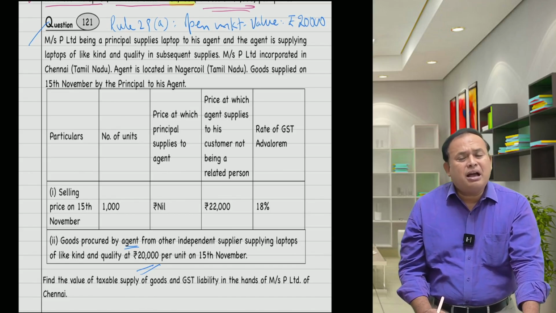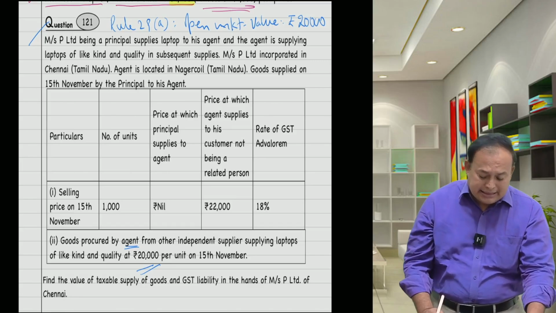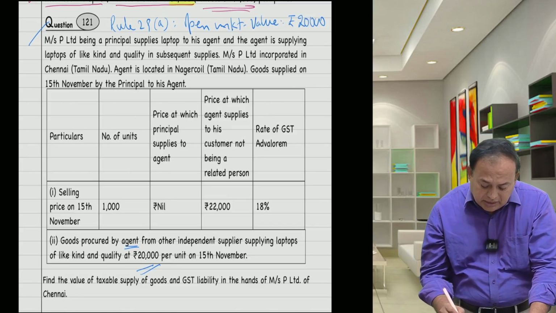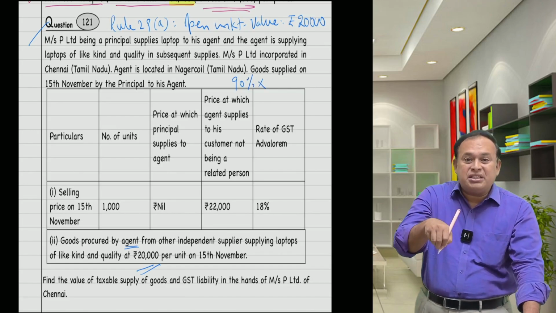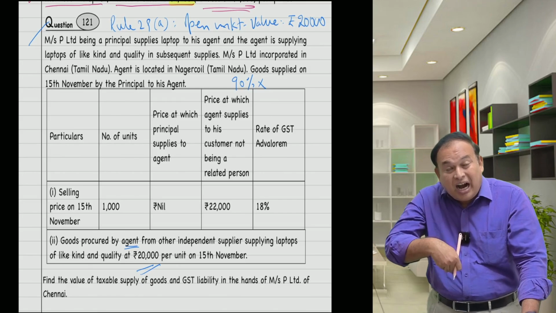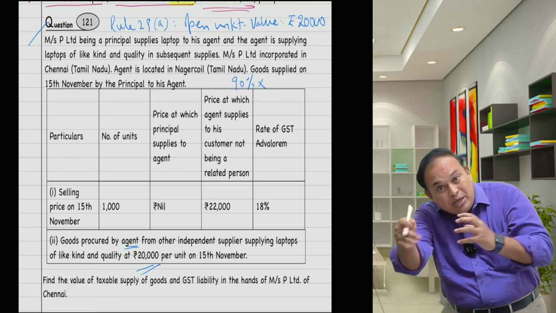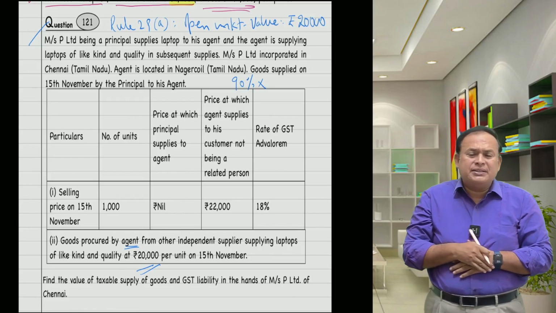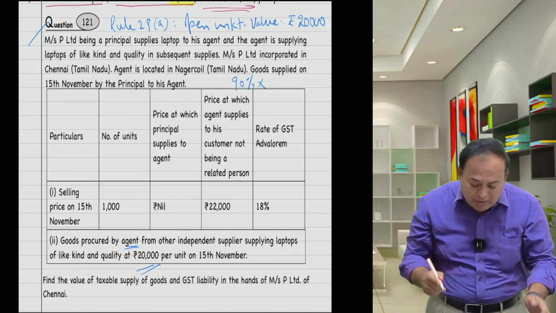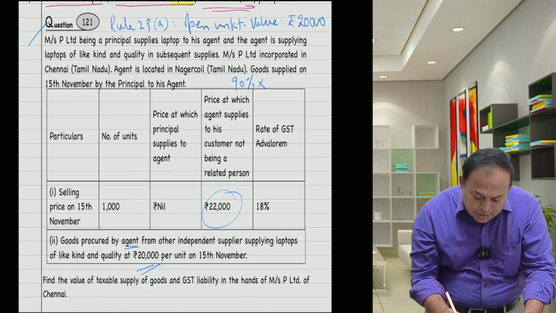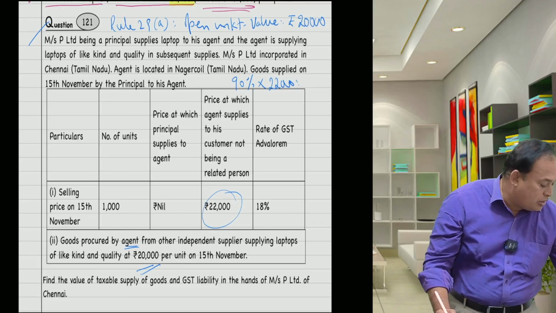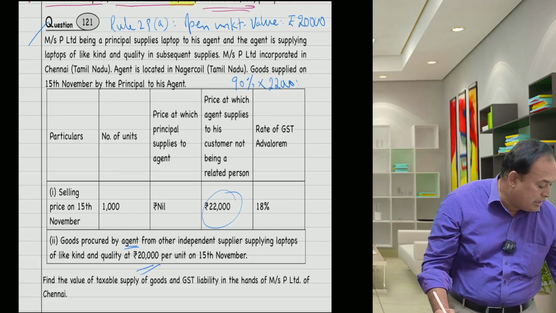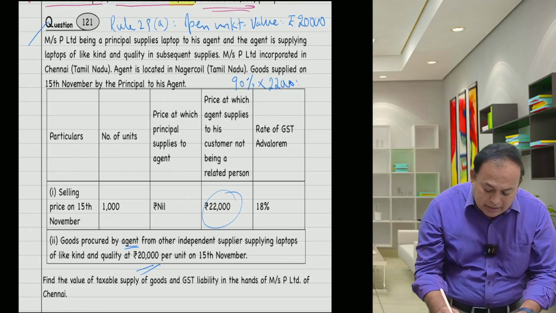Or at the option of the principal, he can consider 90% of the value at which the agent, after receiving the goods from the principal, supplies to his buyers who are non-related parties. What is the price? 22,000 rupees. 90% of 22,000 is equal to 19,800.